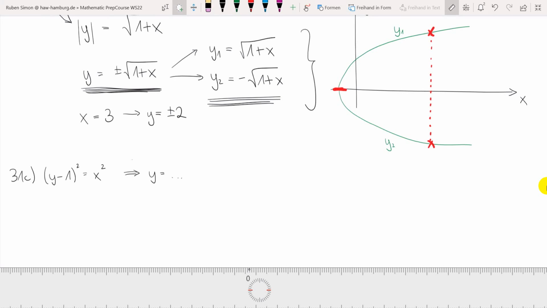Yes, that would be a possibility. So let's think about applying the root. If we do this, what is going to be the result? y minus 1 equals x. y equals x plus 1.